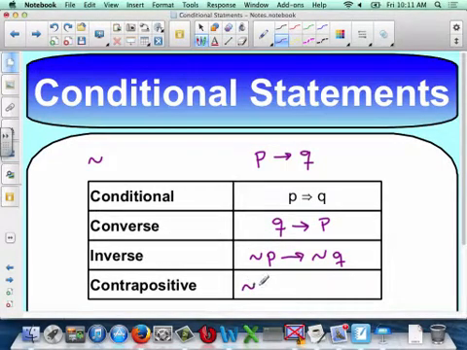So if not Q, then not P. All right, you need to know this. This is the information that you need to know.